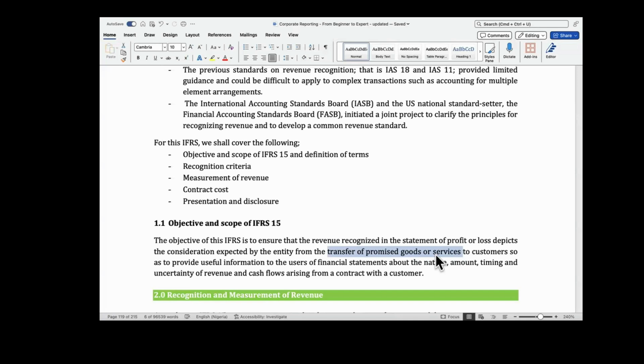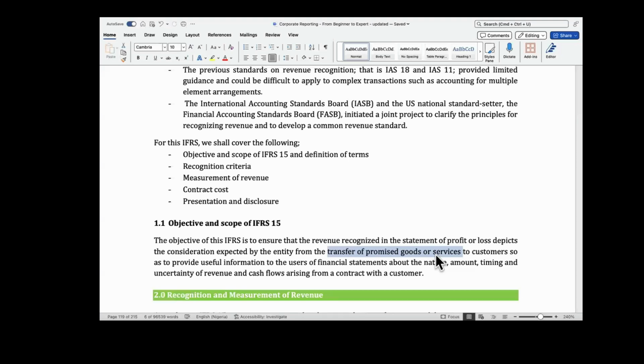You cannot recognize revenue until you have transferred goods or services.